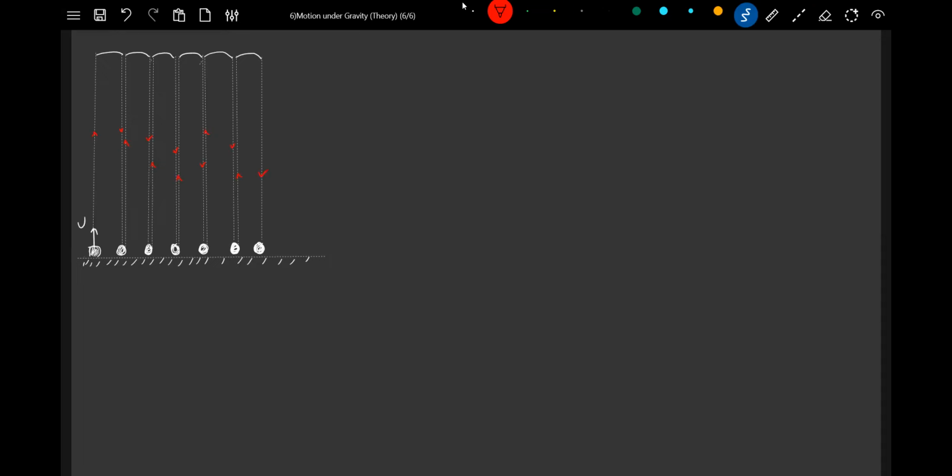With whatever speed we have projected, with the same speed u it will strike and it will rebound with the same speed. Some other colors let me use.